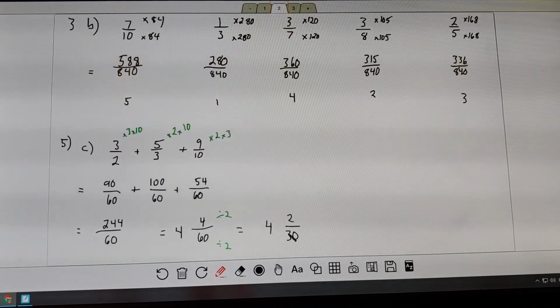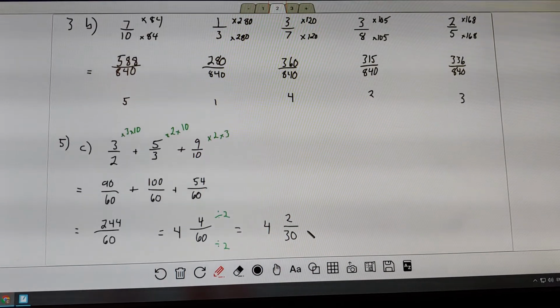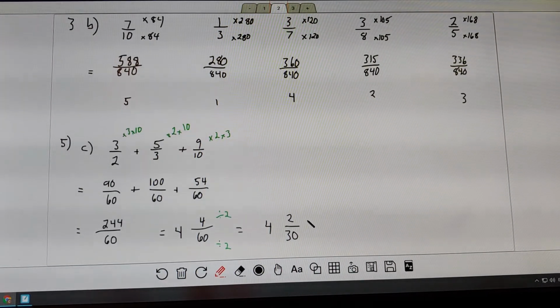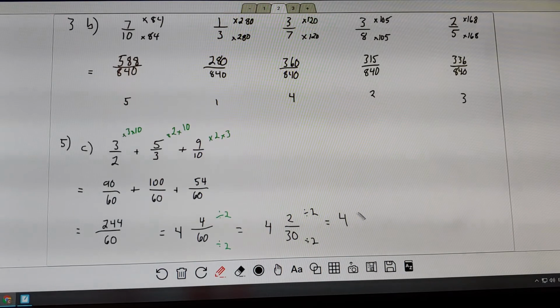Divide by 2, divide by 2, 4 and 2/30ths, and then I can bring that even lower. So I can still divide by 2, and I get 4 and 1/15.